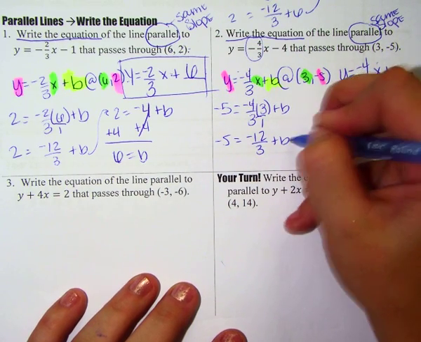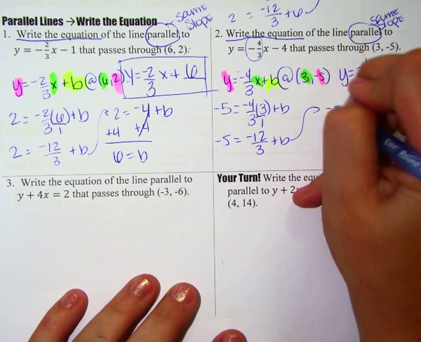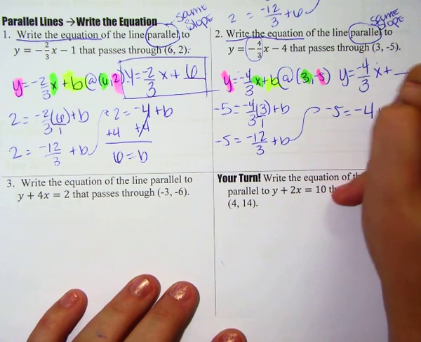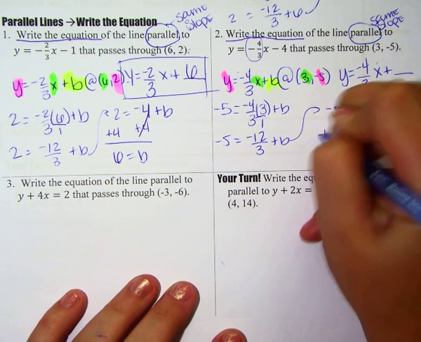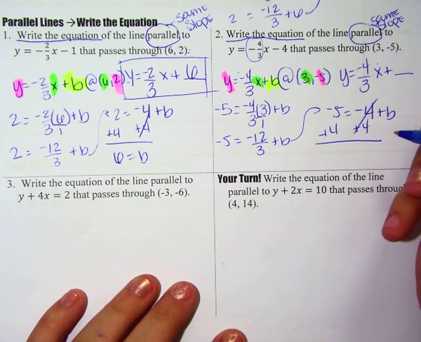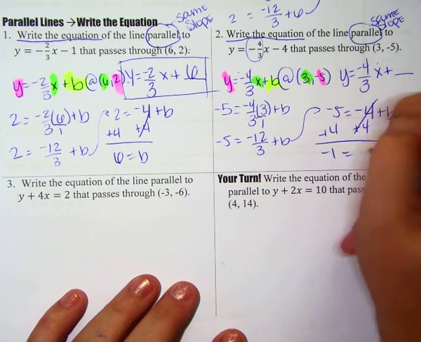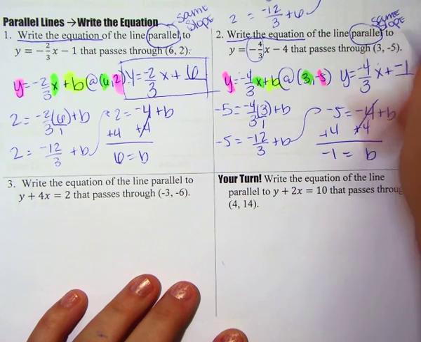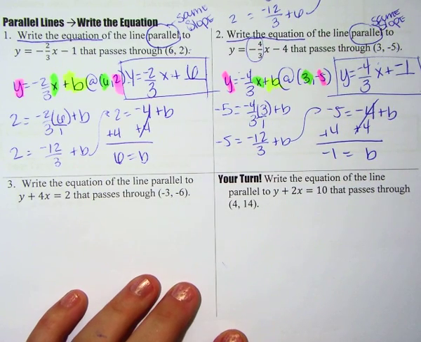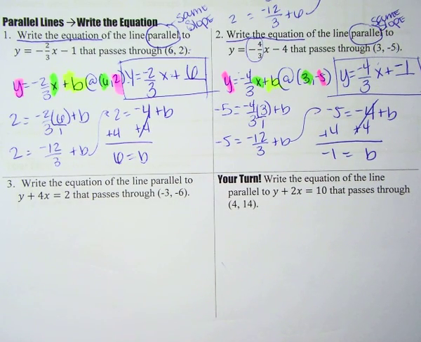Negative 12 divided by 3 is a negative 4. Add 4 to both sides. Negative 1 equals b. And there you have it.